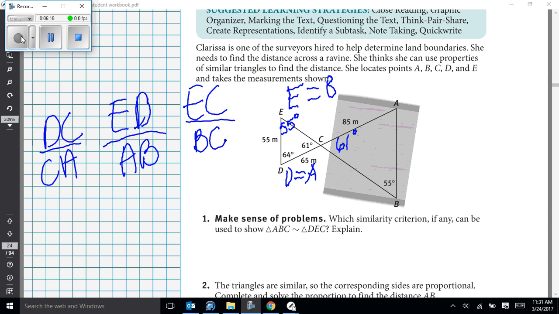We have BC is 65 and AC is 85, right? But we don't have any other sides. We have this one, 65.